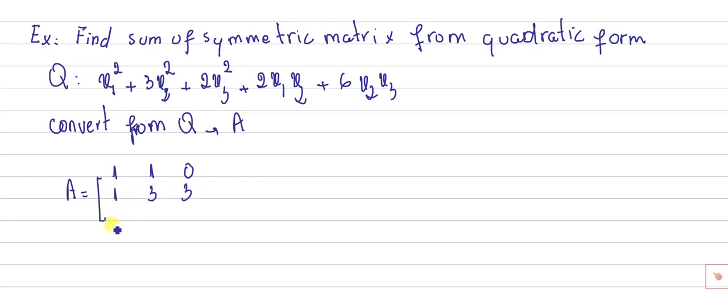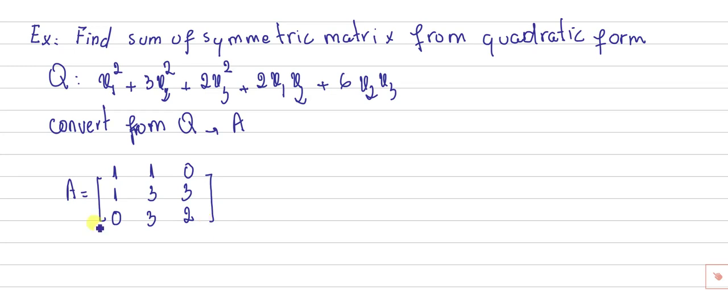And the next, 3, 1 is 0, 3, 2 is 3, 3, 3 is 2. So this is matrix A.